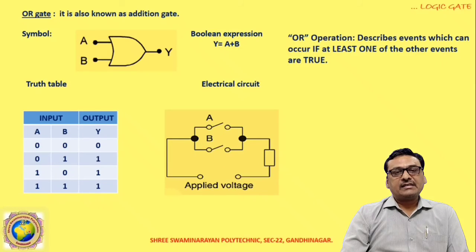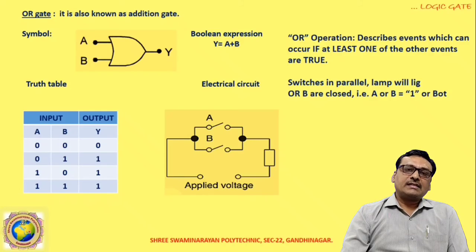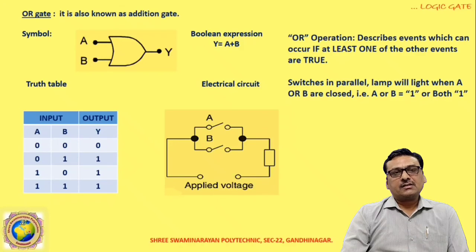I call it an event because here I am considering switch on and off. You can take any kind of possibility for any kind of event, maybe high, low, dark, bright, any kind of situation can be justified using the gate. So the switches are in parallel, the lamp will light when A or B is closed, meaning when A or B is logic 1, then the output is 1.